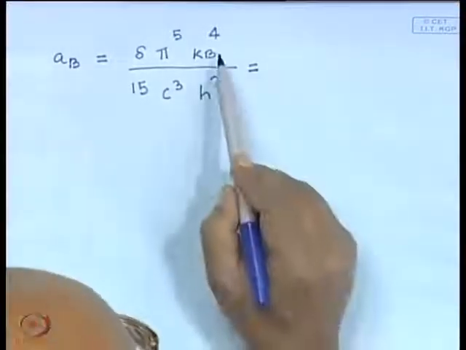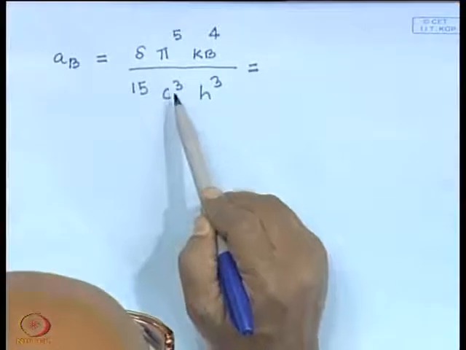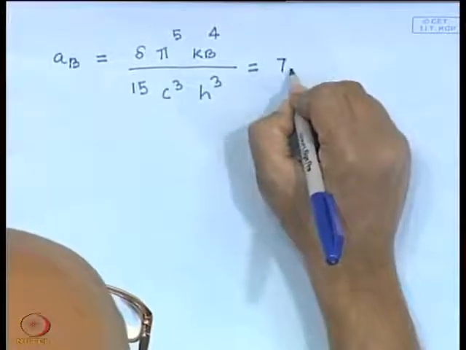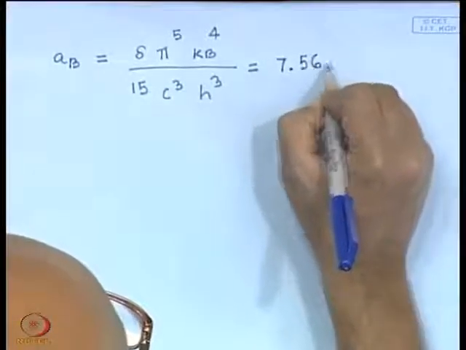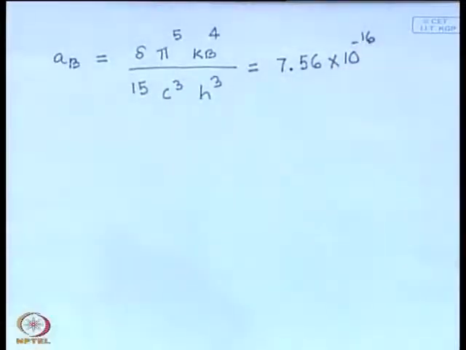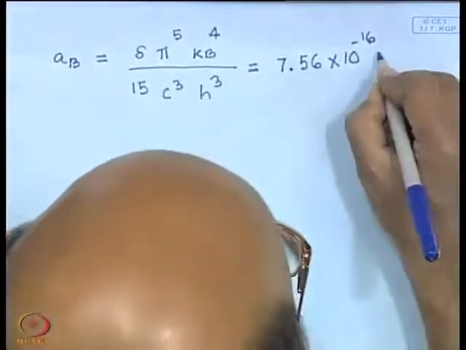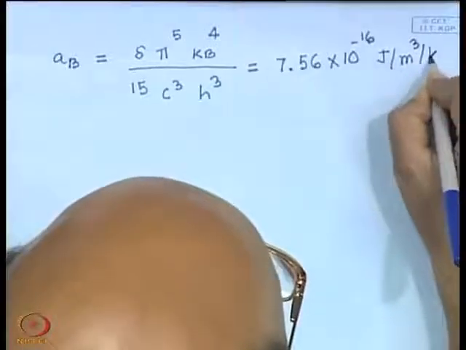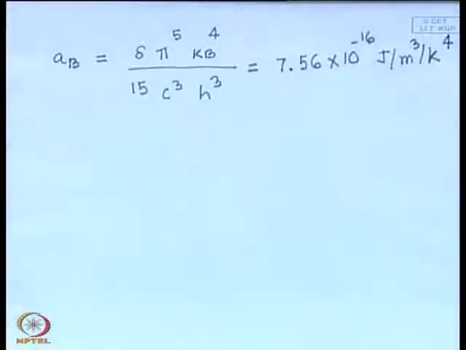This is the Boltzmann constant, this is the Planck constant, this is the speed of light, and pi. So you put in all the values, and what you get is that this is equal to 7.56 into 10 to the power minus 16 joules per meter cube by Kelvin to the power 4.